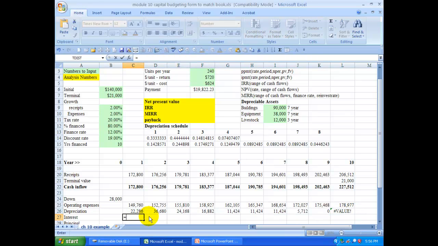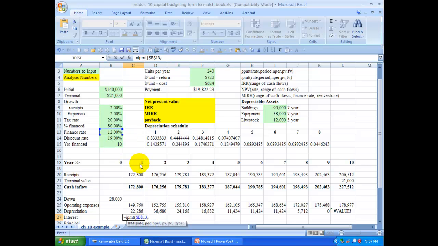Interest is equal, IPMT is the interest portion of a payment. I got to give it the rate, which is my finance rate, F4, comma, the number of periods, which is the years financed, F4, comma, it's asking for the period that it is.